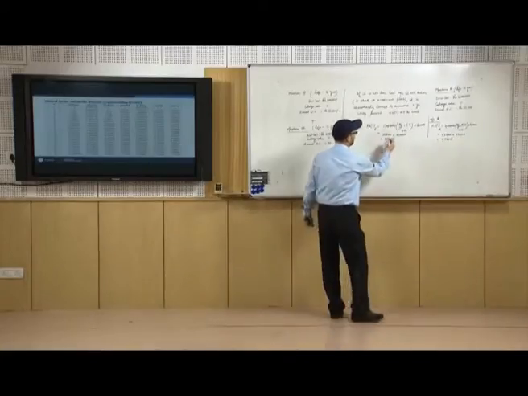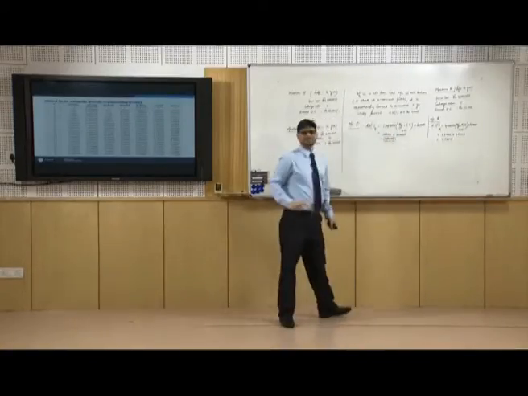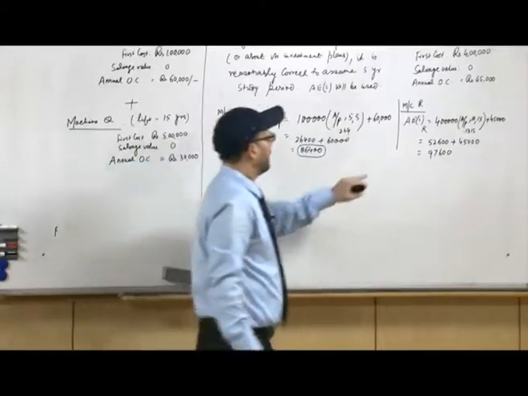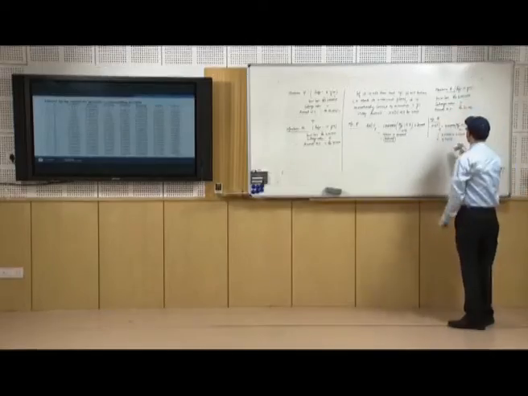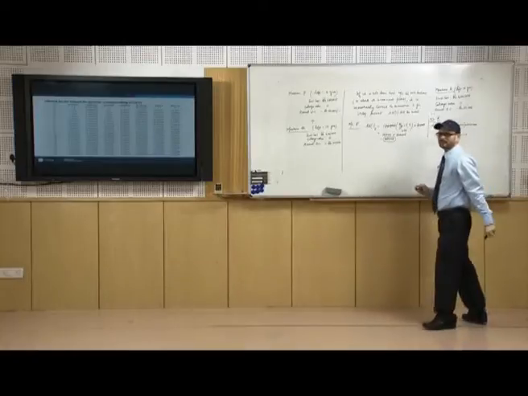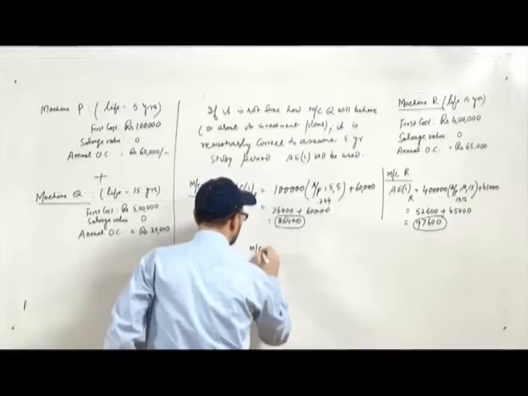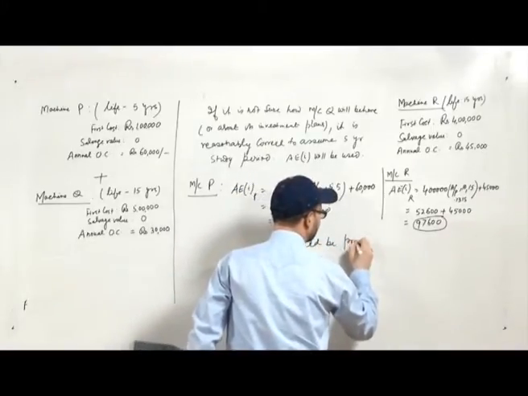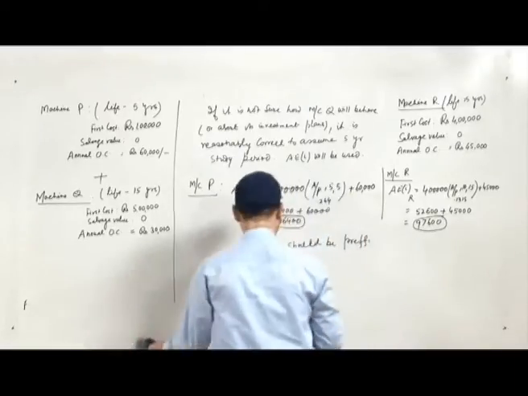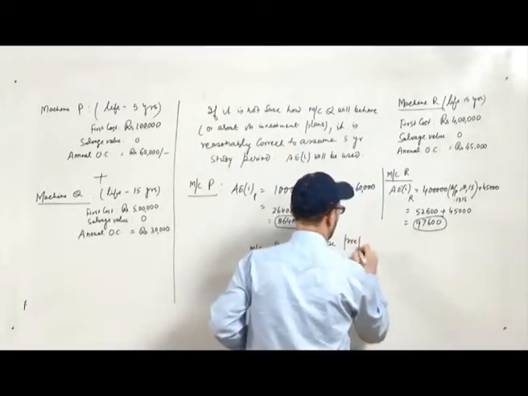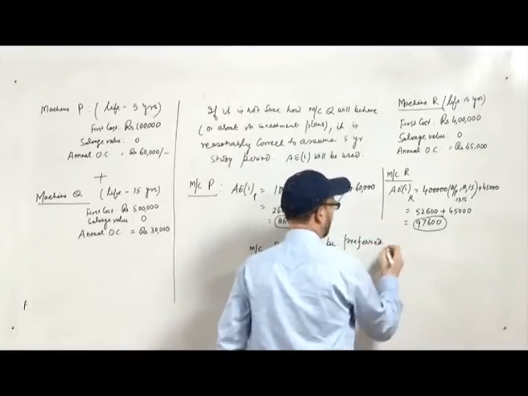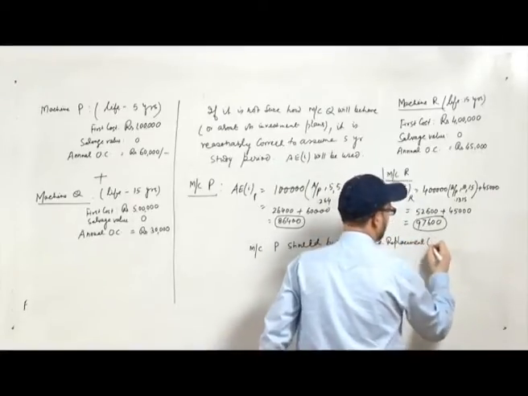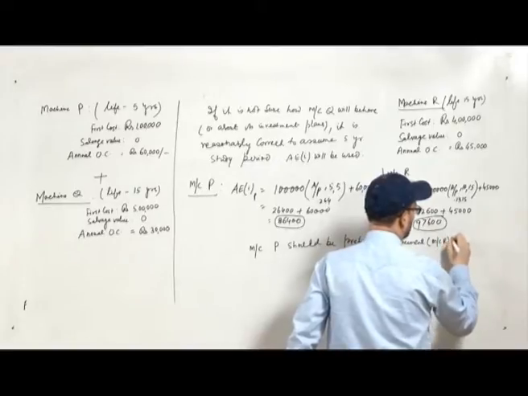Now, what we see using the 5 years approach is that 86,400 is the annual equivalent value for machine P, and for machine R you have 97,600. So, machine P should be preferred. Replacement by machine R is not suggested.